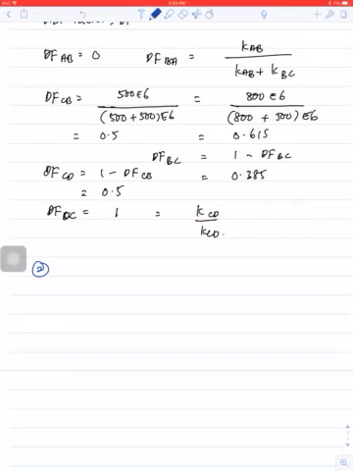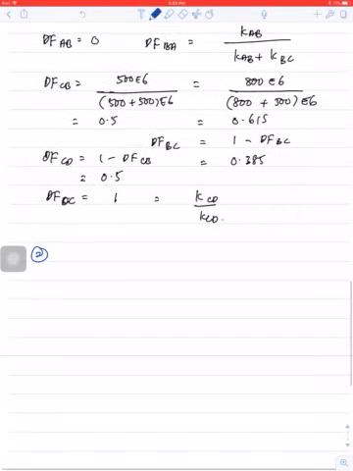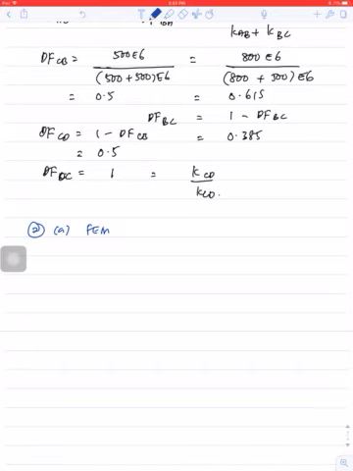Stage number 2 is the non-sway frame analysis. For step A, we will calculate the FEM due to external loading. So we have member BC, which is subjected to 8 kilonewton. For BC, we assume that both ends are fixed.